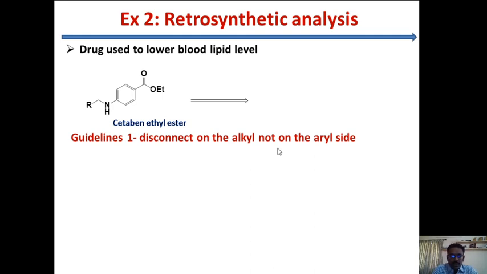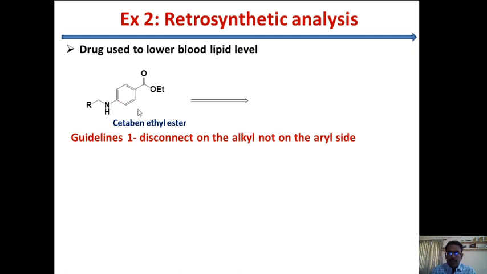So suppose you are using guideline 1, here you have the aryl and the alkyl next to this heteroatom. Suppose you are given a molecule, first you have to look at the heteroatom, whether there is any heteroatom-carbon bonding. Here we have a C-N bond here and a C-N bond here.